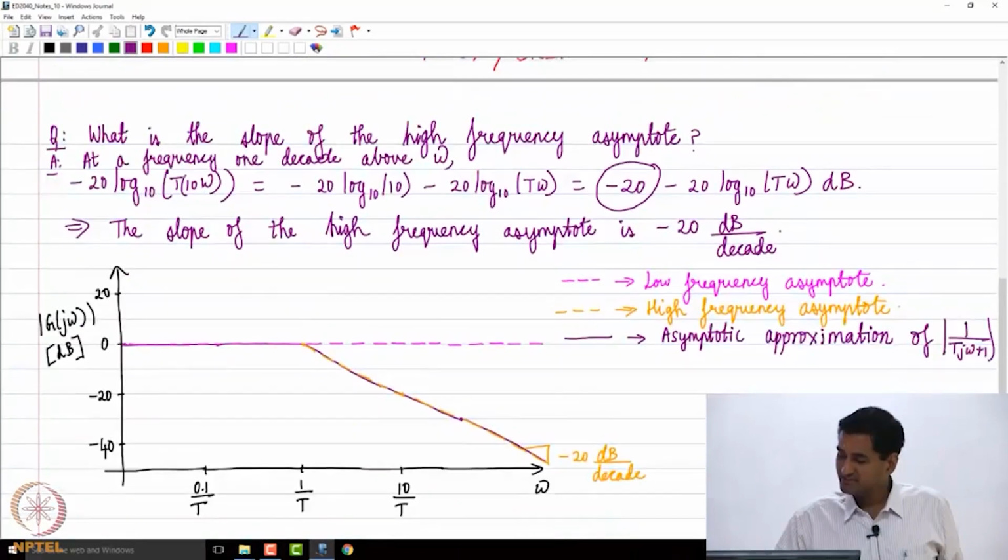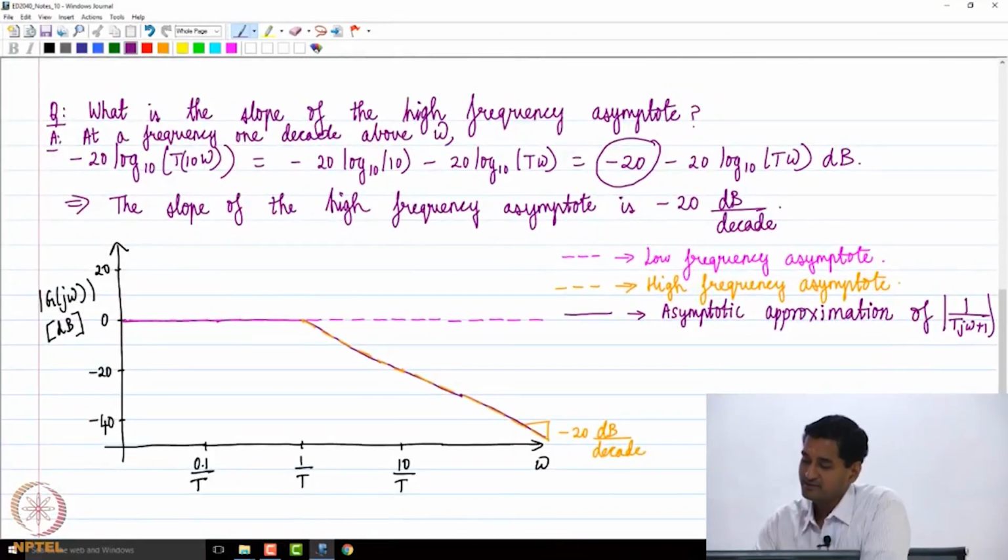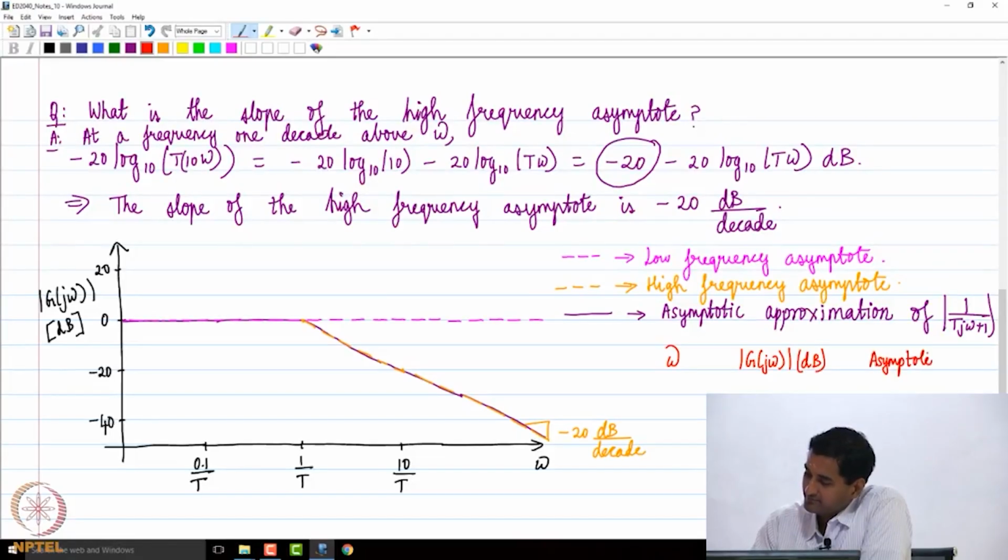So, let's figure that one out. How do I do that? In that exercise, please calculate and tell me what values you see. Let us say I am going to construct a table: the actual magnitude in decibels and the asymptote value, also in decibels.